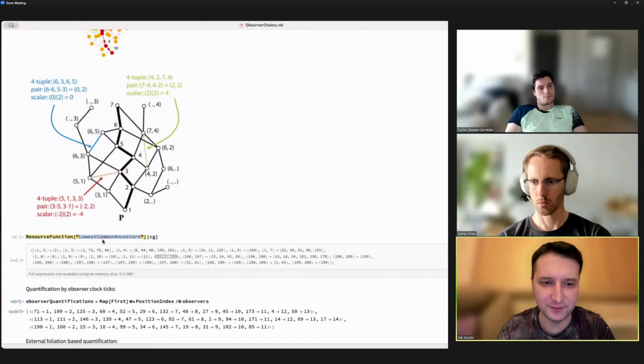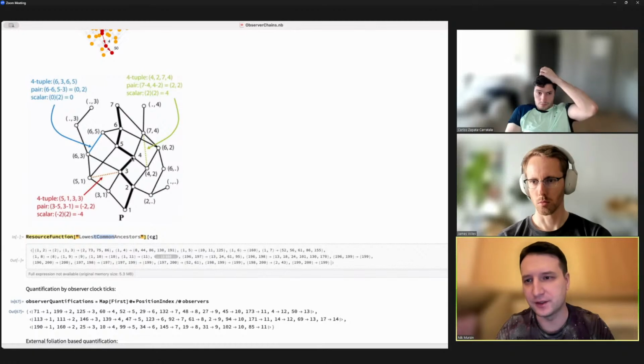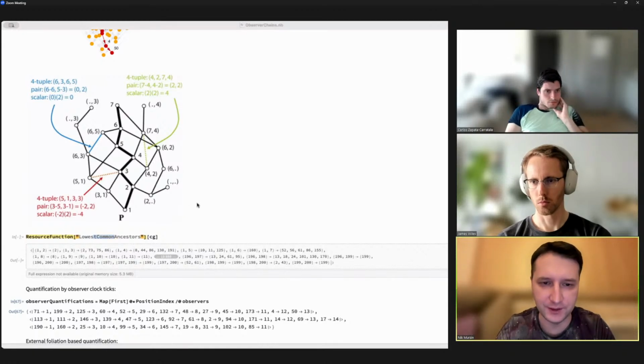This function is called LowestCommonAncestor. Let's go to the documentation. What is it doing? The underlying idea of quantifying any events relative to the observer becomes the main ingredient here, to find the so-called lowest common ancestors of each event in relation to the observer chain. So this function is actually doing that.